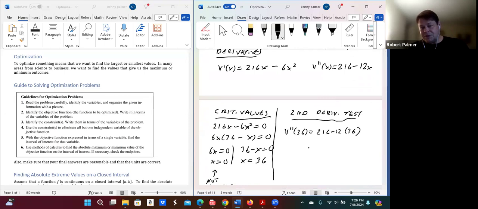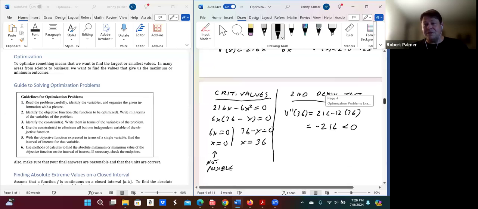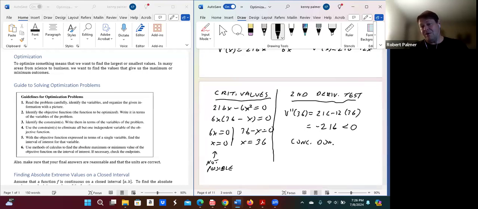And so that's actually going to be negative 216, which is less than 0. It's negative. That tells us that this function is concave down, and also implies that we have a local maximum at x equals 36.